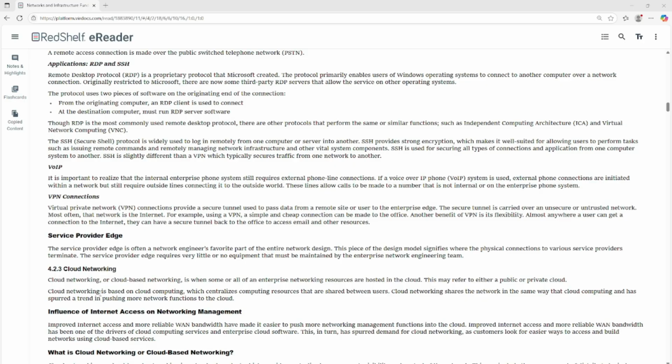Cloud networking is based on cloud computing, which centralizes computing resources that are shared between users. Cloud networking shares the network in the same way that cloud computing has spurred a trend in pushing more network functions to the cloud.